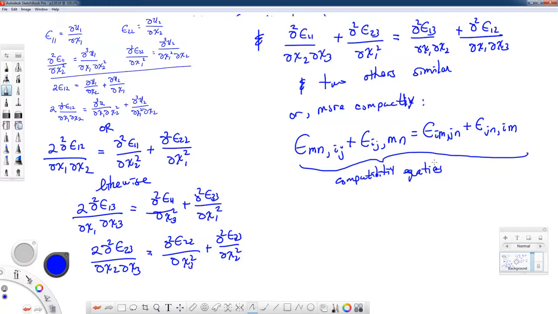We don't have any penetration of the material into itself. Okay, so we can't break it apart. 1 point can't split into 2, and 2 points cannot coalesce to 1. Means that we have a 1-to-1 correspondence in our original body and our deformed body. The deformation fields are admissible, single valued, and so forth.